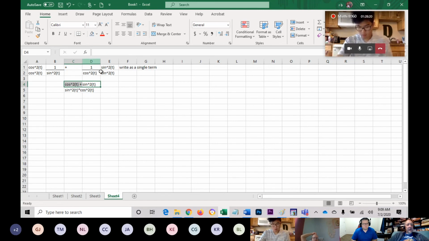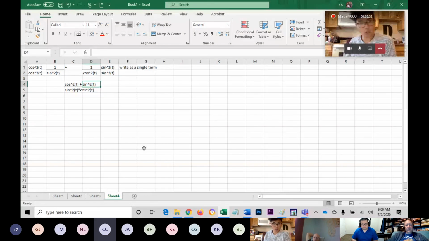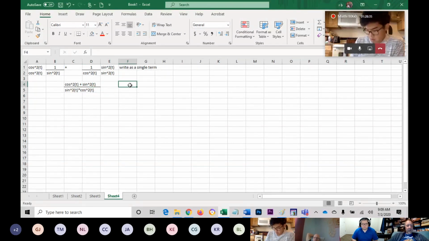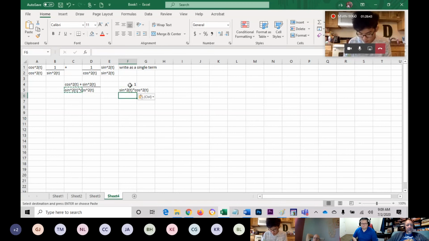Do you guys remember from one of our Pythagorean theorem identities, what does the cosine squared of t plus the sine squared of t equal? 1. So this becomes 1 in the numerator, and my denominator is going to stay the same. Sine squared of t times cosine squared of t. Okay? So there you have it.